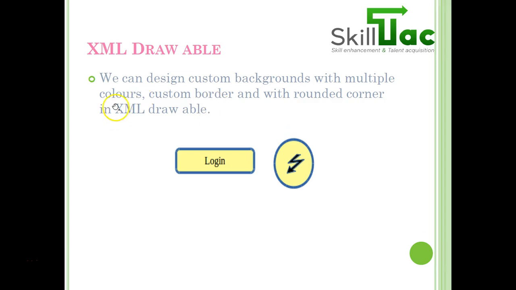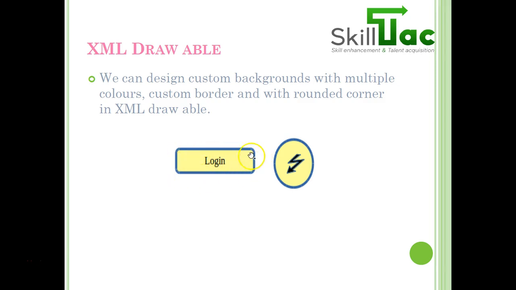So going by the definition, it says we can design custom backgrounds with multiple colors, custom borders and rounded corners in XML drawable. So basically it's used for making customizations or custom views, like for example a login button that we are showing here with the blue border, and the corners are also rounded a little.